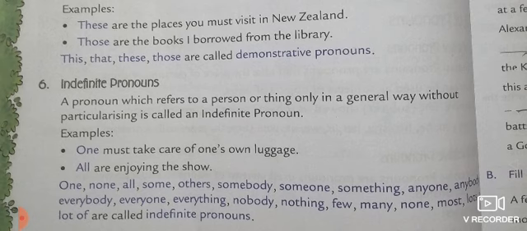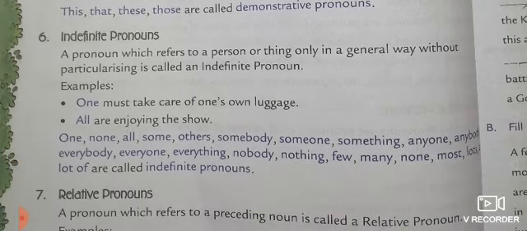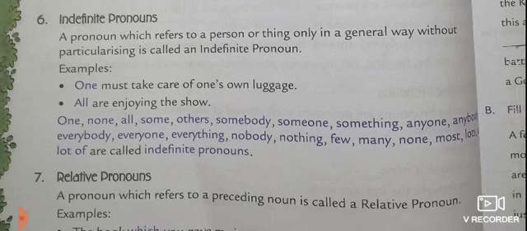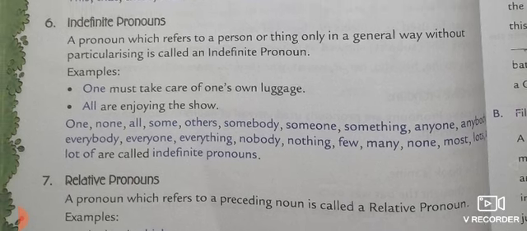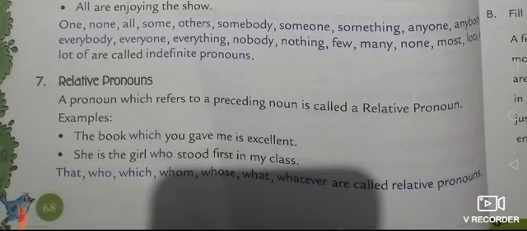A pronoun which refers to a person or thing only in a general way, without being particularized, is called an indefinite pronoun. Like one must take care of one's language, all are enjoying the show. This kind of thing is indefinite because there is nothing definite there. Words like one, none, all, some, other, somebody, someone, something, which are not definite, come into the indefinite pronouns.